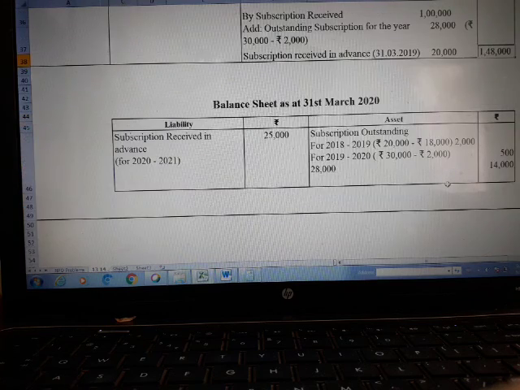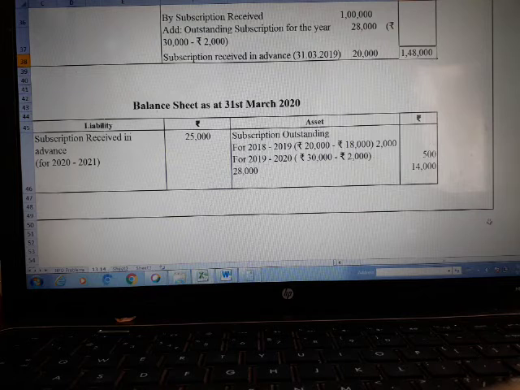In the balance sheet, if you look at it, I have prepared it here. I have liabilities as well as my assets. In my liability side, I have shown the subscription received in advance. Where does this advance come from? The same from the question.